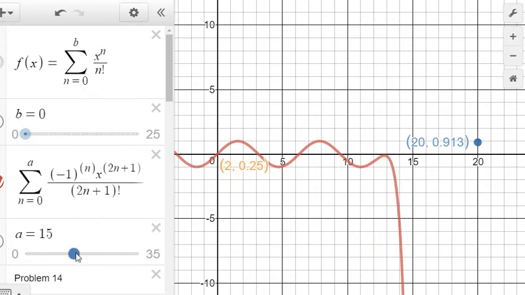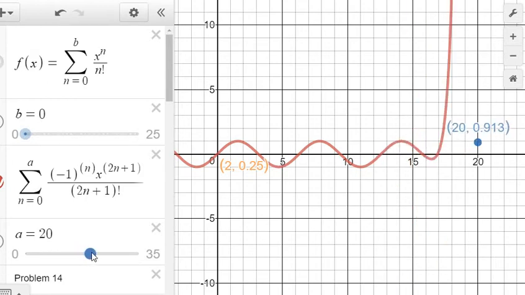No, probably not. 17, 20, still not there. A little further, 25, yeah, getting there pretty good. So 25, 26, 27, that's a lot of terms. It's a really big polynomial.